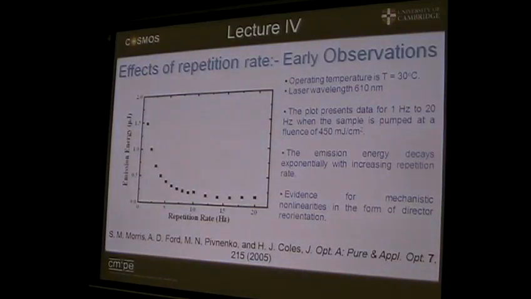With the very early work, we found that if you pulsed at 1 Hz, you've got a very nice consistent energy output. But as you increase the repetition rate of the laser, that's the number of pumping laser pulses that you put into the system, the gain drops off.